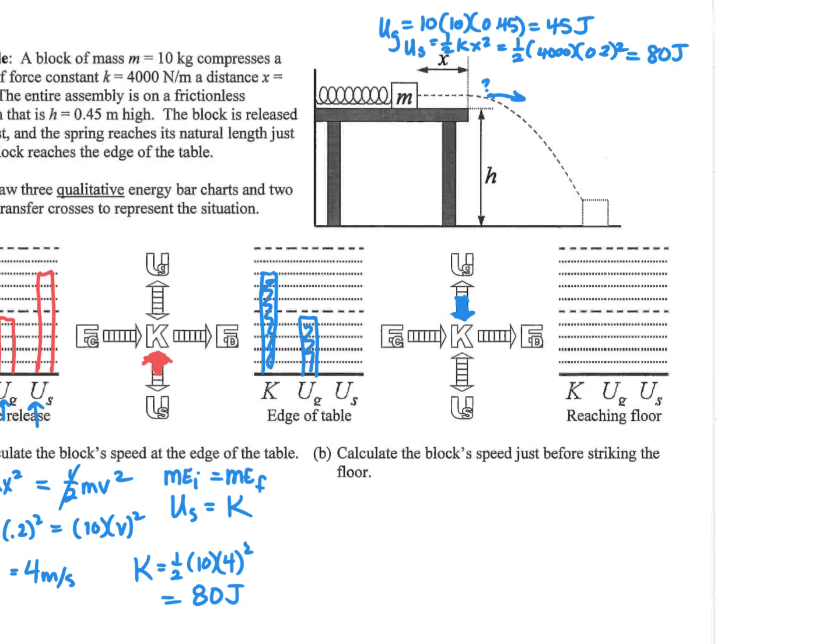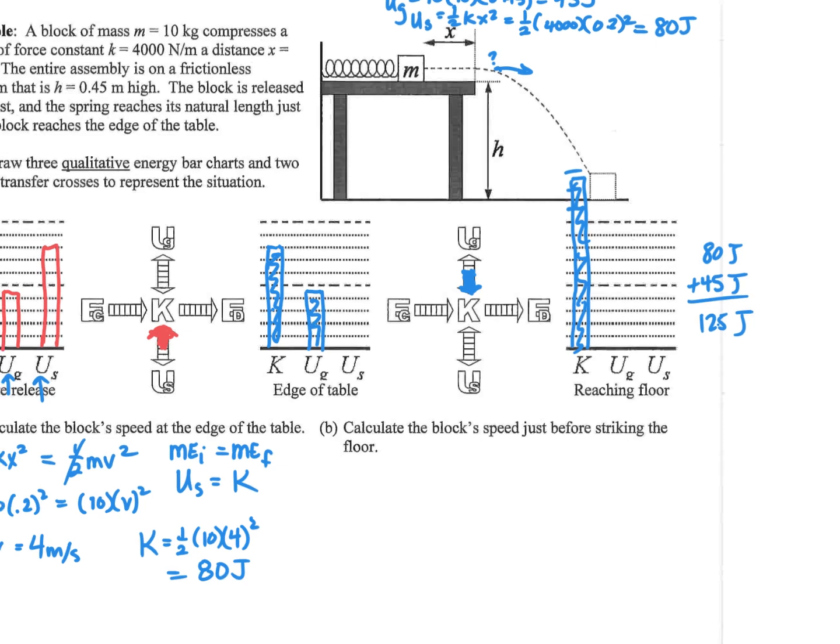Well, we know that all of that energy, which is 80 plus the 45 joules, is going to give me 125 joules. So it's actually going to go all the way up to here, all the way to there at 125 joules, and no spring, no gravitational potential energy.